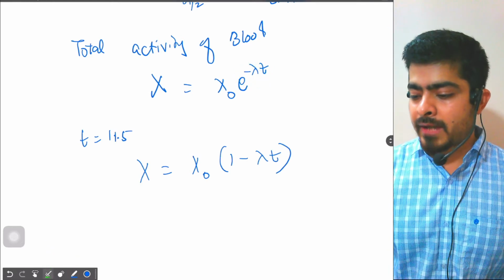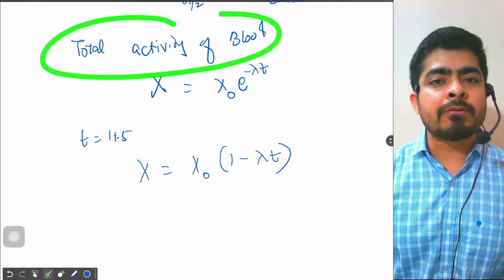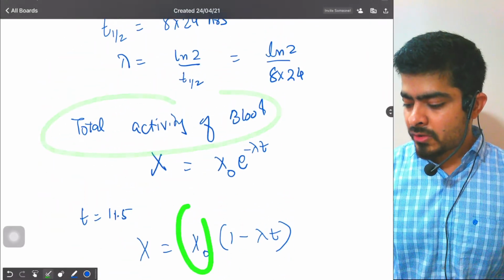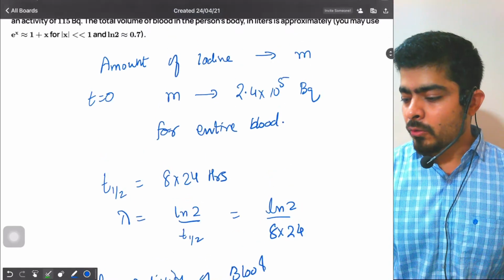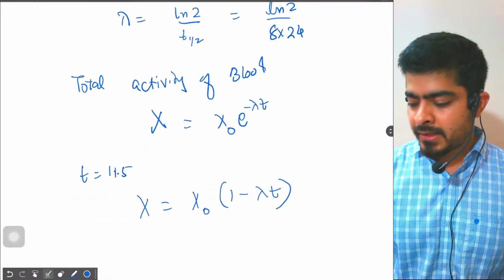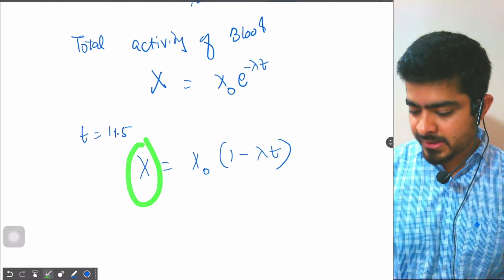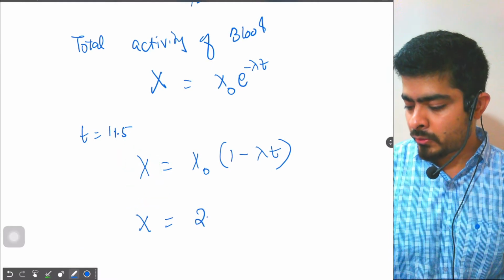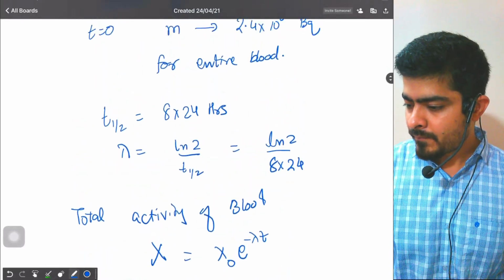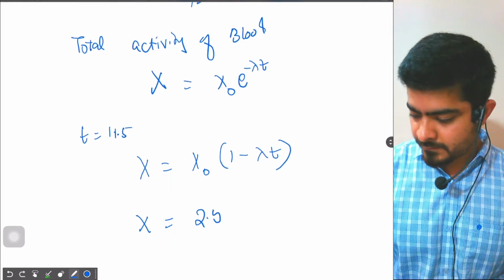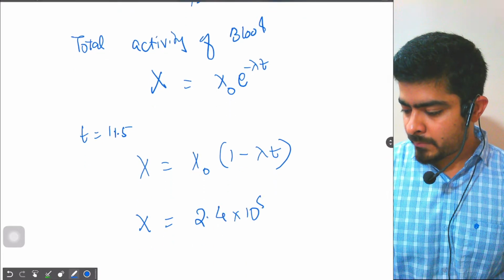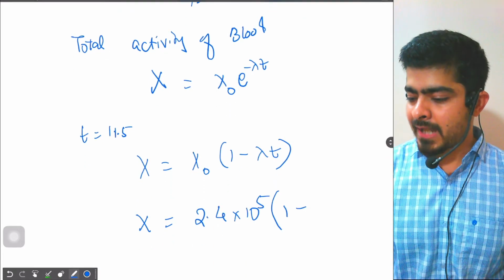Now for the whole blood, I'm calculating the total activity of the whole blood. So x naught, the total activity for the whole blood, is 2.4 into 10 power 5 becquerel, and x is to be found. So x will be equal to 2.4 into 10 to the power 5 times 1 minus lambda t.